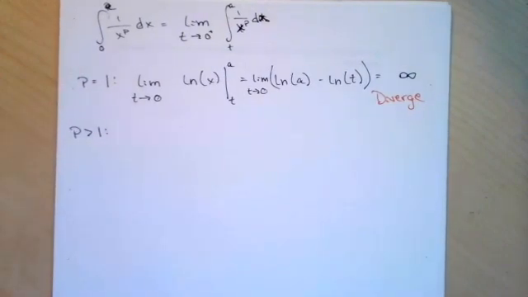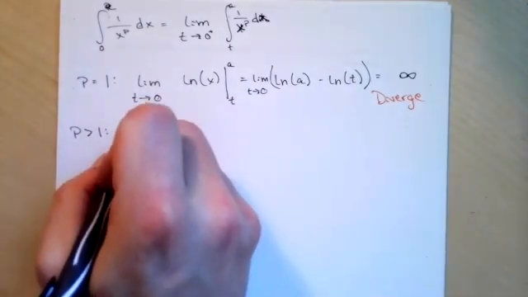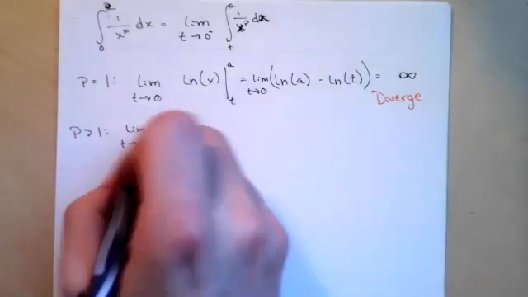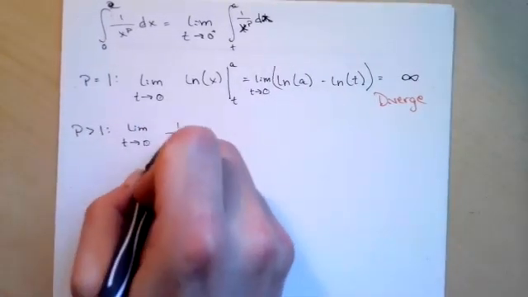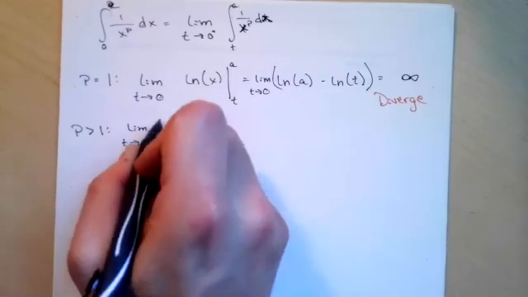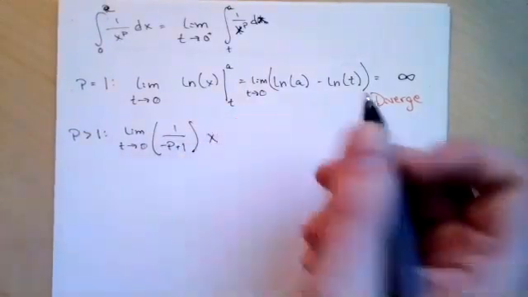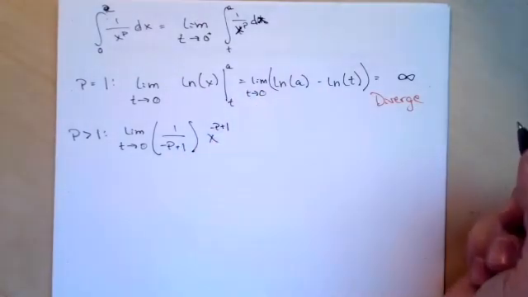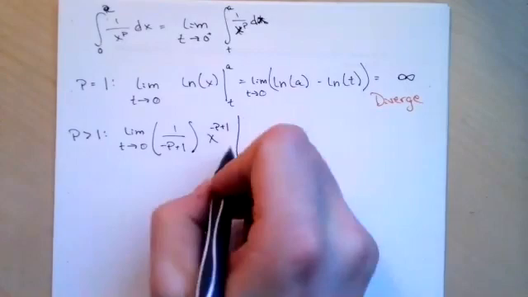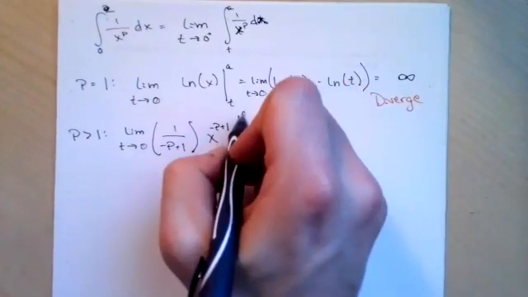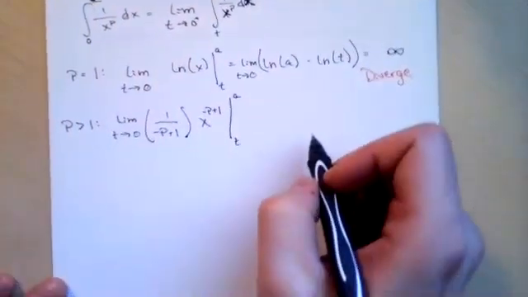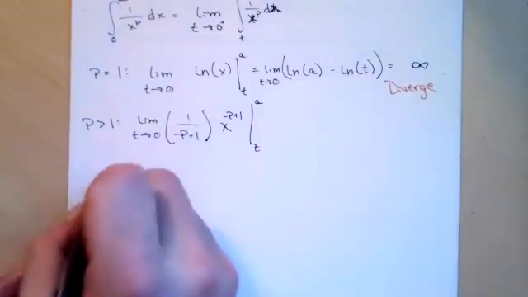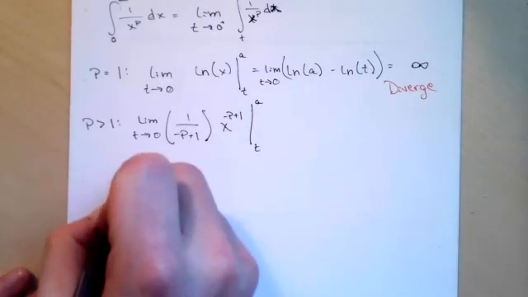For p bigger than 1, when we do the integral, we will have 1 over minus p plus 1, x to the minus p plus 1, t to a. We plug those in, and what's going to happen?